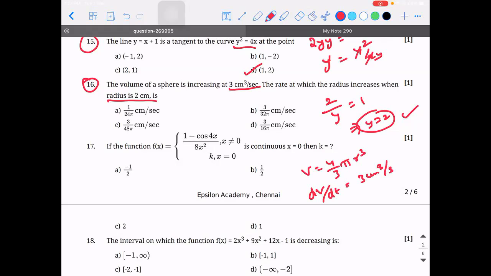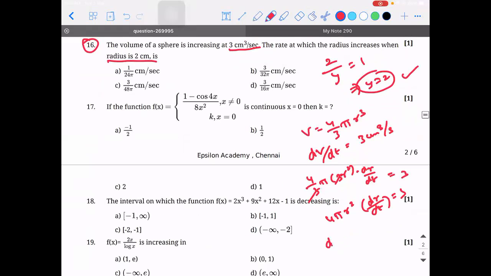The rate at which the radius increases is, so 4 by 3 pi into 3 r square into dr by dt is equal to 3. 3 will get cancelled. So 4 pi r square into dr by dt is equal to 3. So dr by dt is 3 divided by 4 pi into r square, which is 4. So 3 divided by 16 pi. Is there an option?